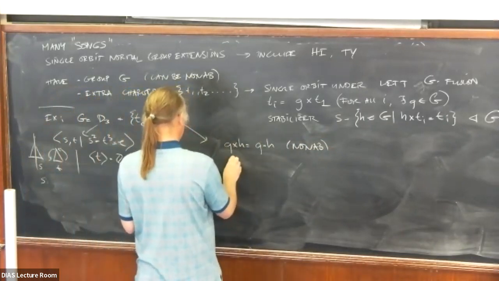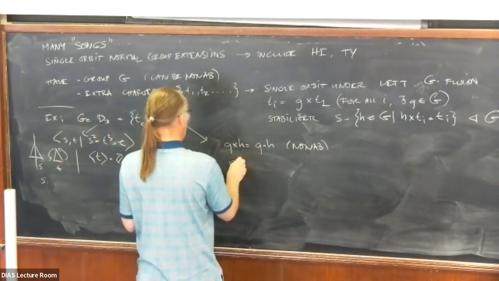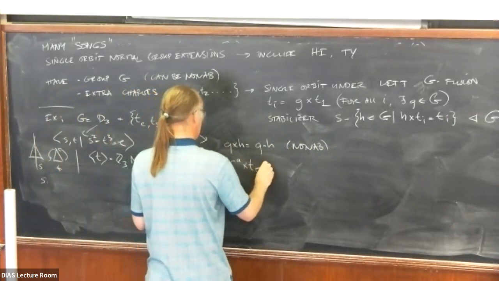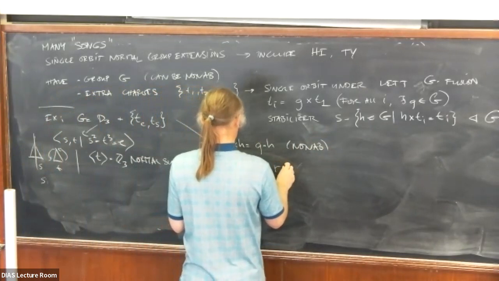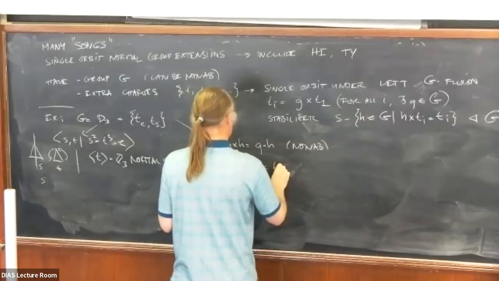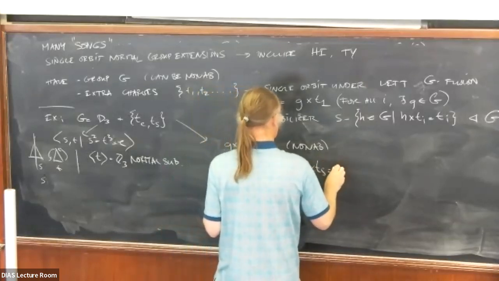Then r to the power a times T_e is T_e, and r to the power a times T_s is T_s.